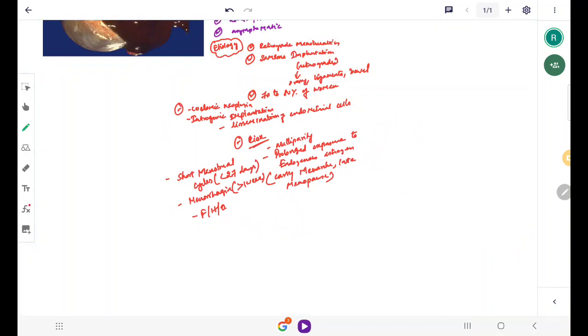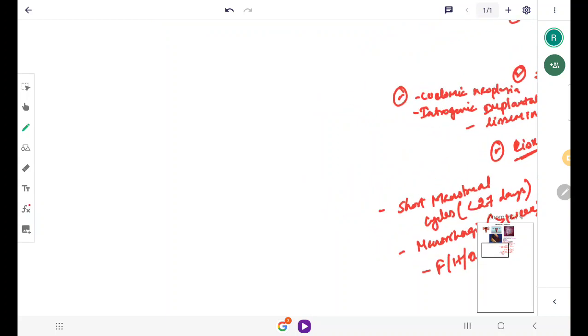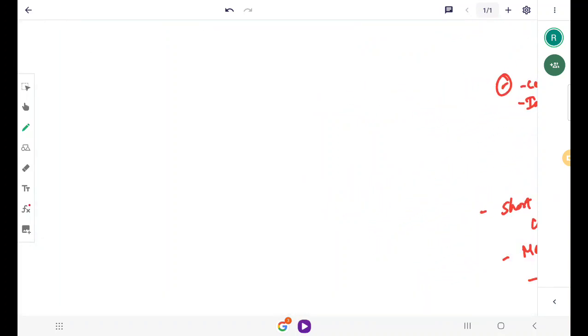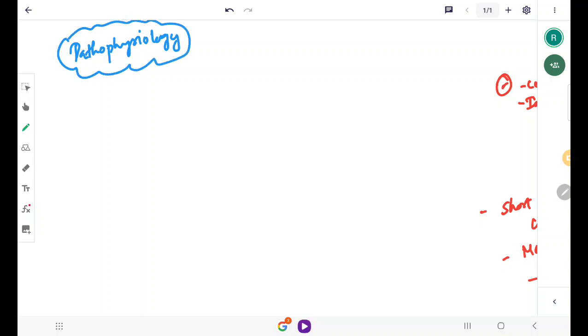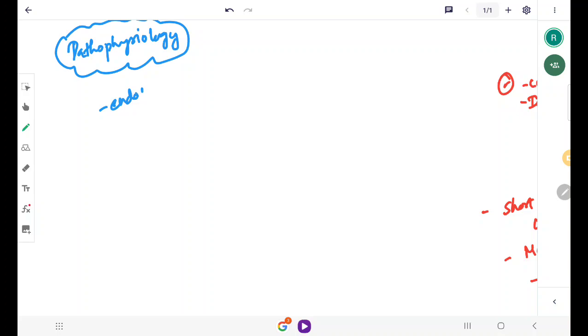Next we'll study the pathophysiology of endometriosis. As we discussed already, it's due to endometrial tissue that occurs outside the uterus. There are some common locations where endometriosis usually presents.